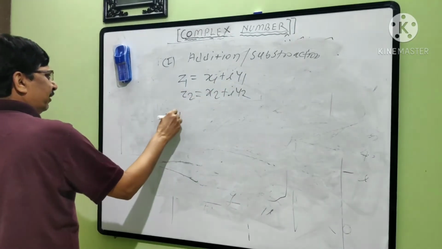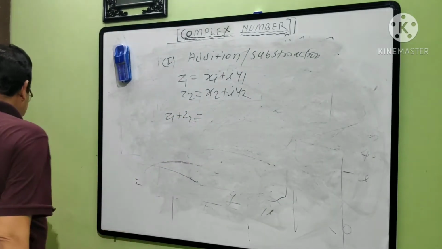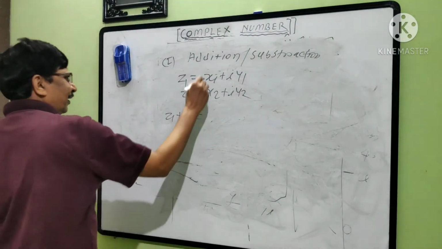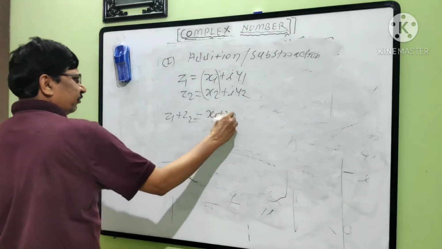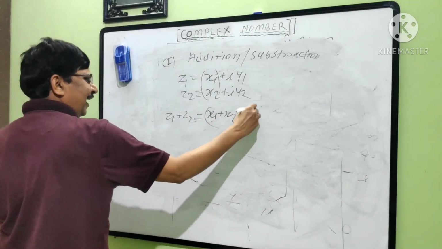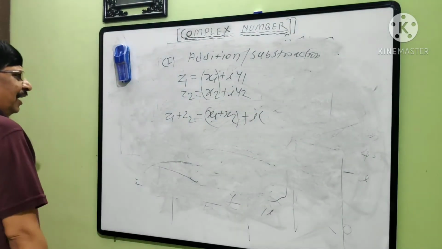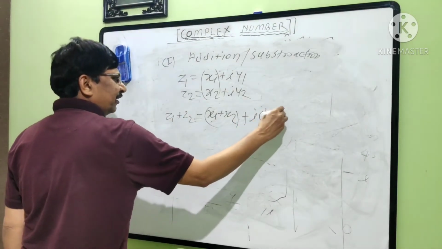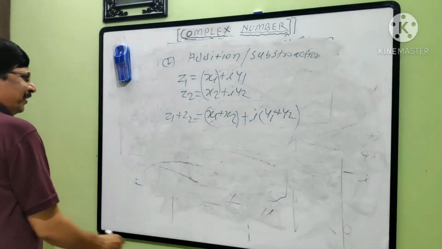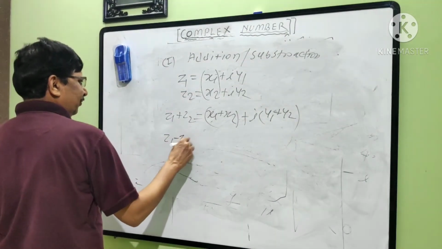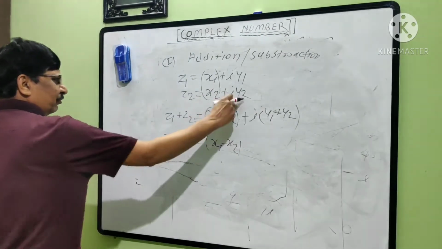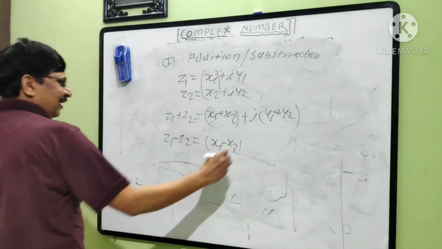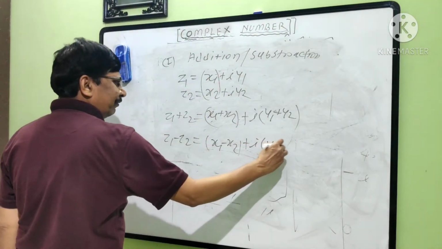Then what about z1 plus z2? Add the real parts, that is x1 plus x2, and add the imaginary parts, that is y1 plus y2. That is called addition. Subtraction means z1 minus z2, which is x1 minus x2 plus i times (y1 minus y2).